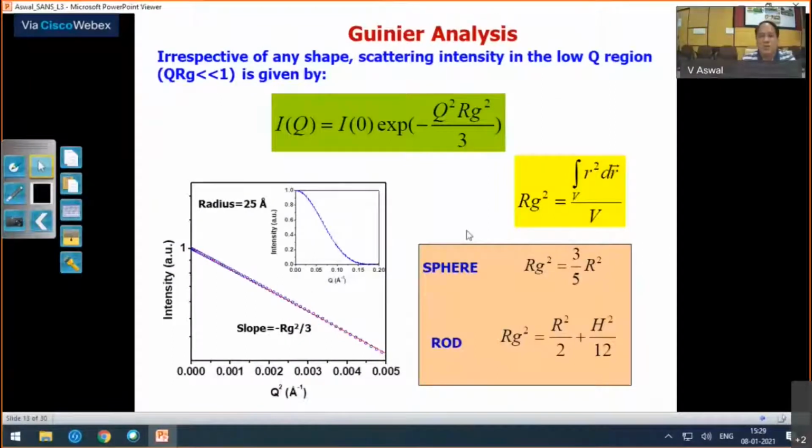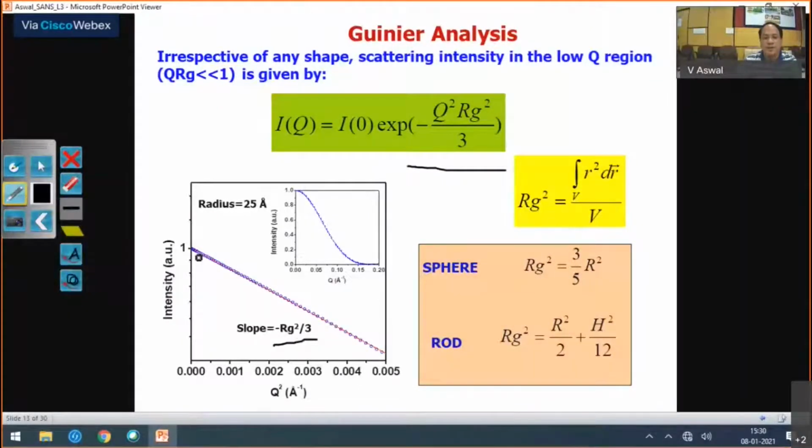So coming to different methods of analyzing data, the simplest one is linear analysis. This method tells us that irrespective of the shape of the particles, in the low Q region the slope will be given by the radius of gyration. That is the simplest thing you can do.